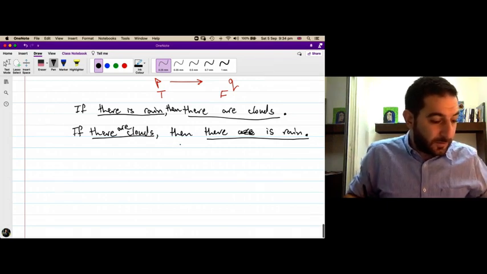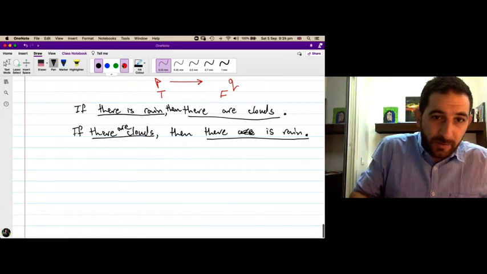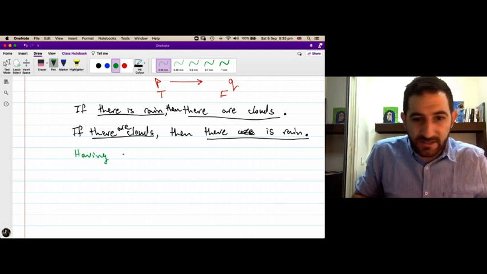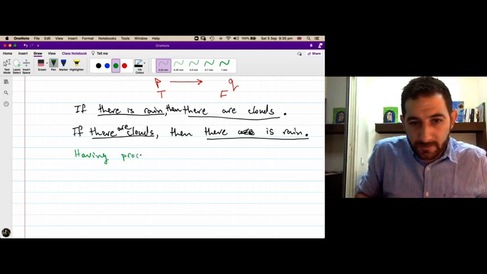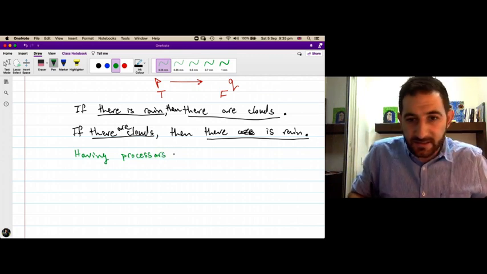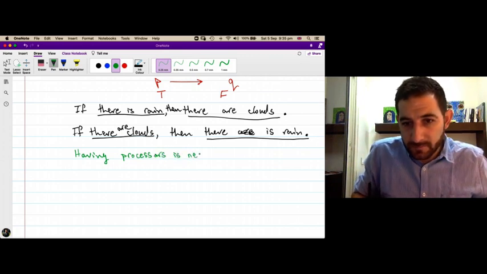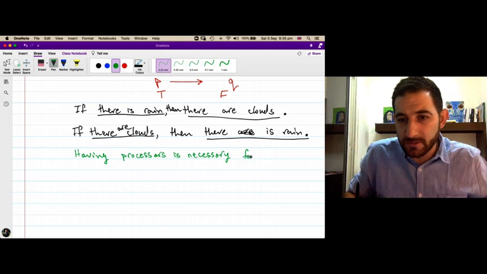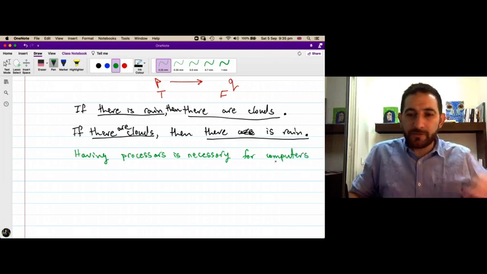Okay, now let's have another example of a conditional statement. Having processors is necessary for manufacturing computers. See what is the form of this statement.